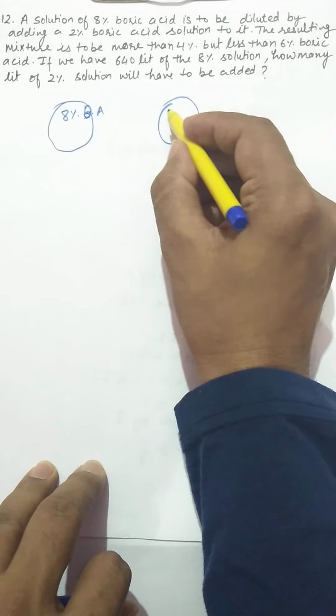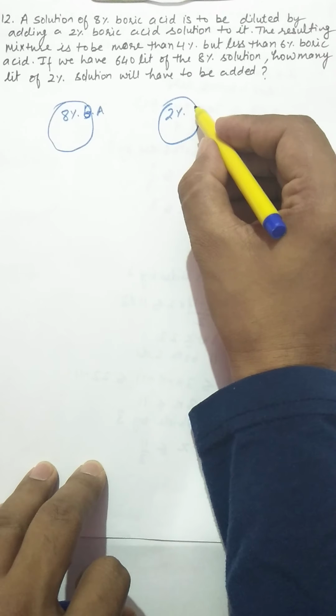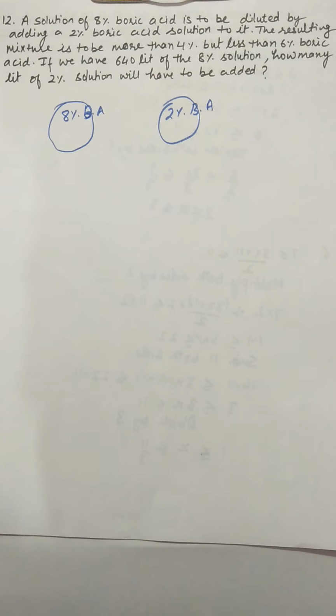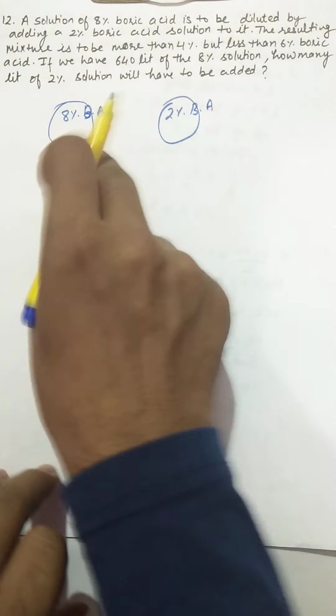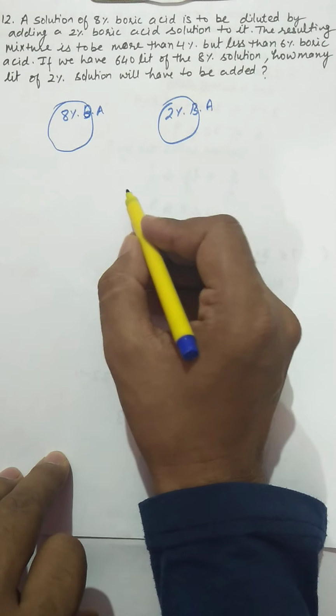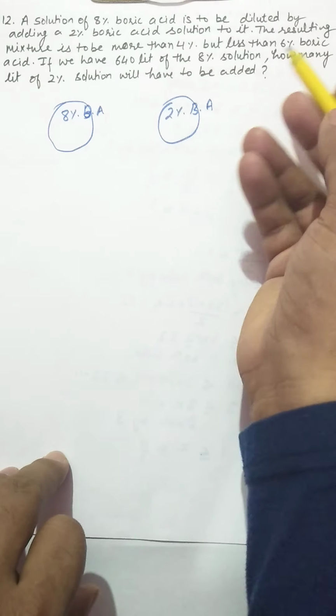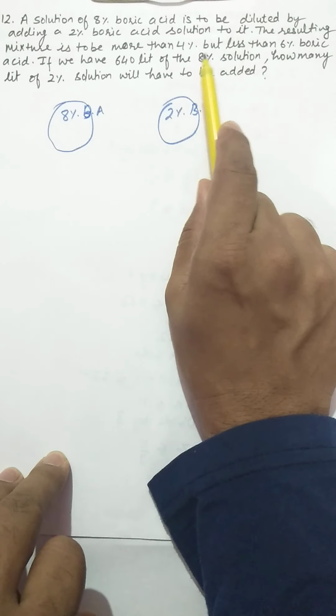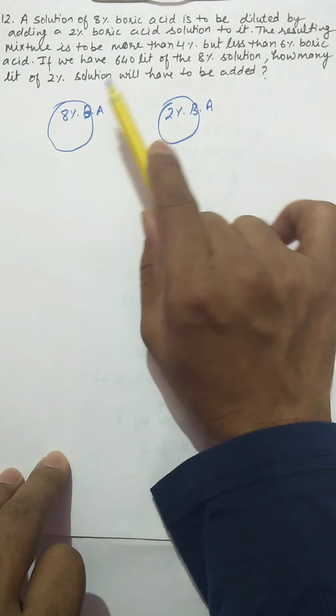There is another solution in which we have boric acid 2%. Now the next line is the resulting mixture, means you are going to add them. The resulting mixture is to be more than 4% but less than 6% boric acid.